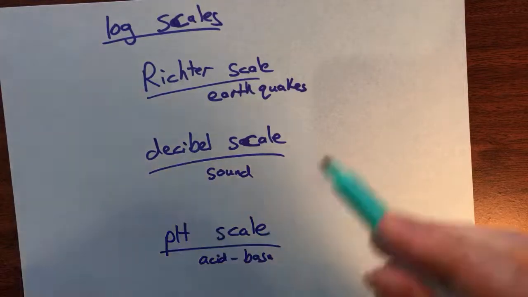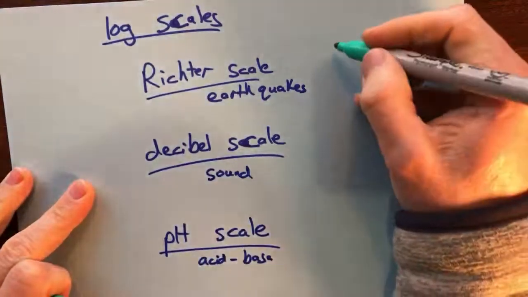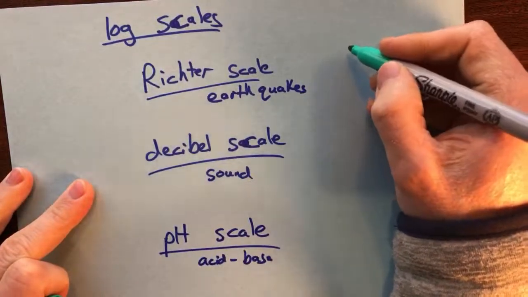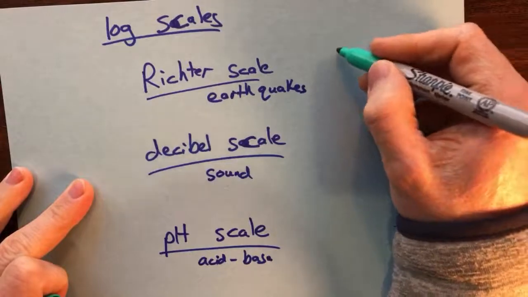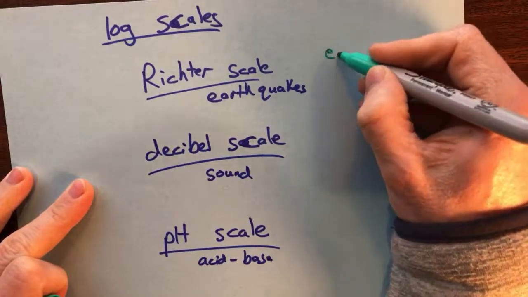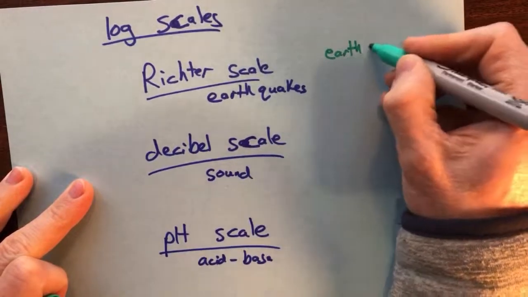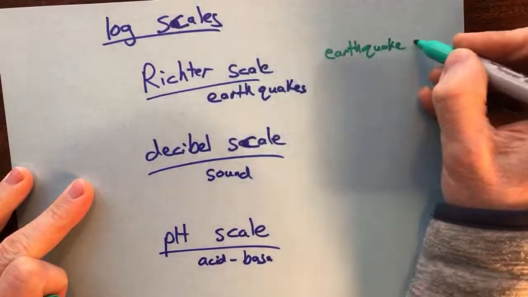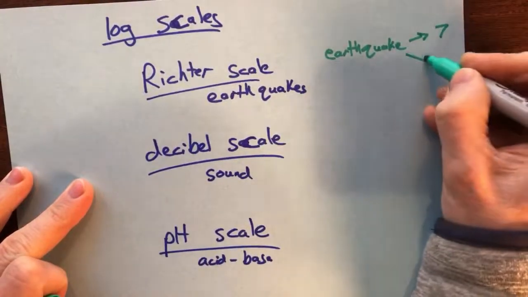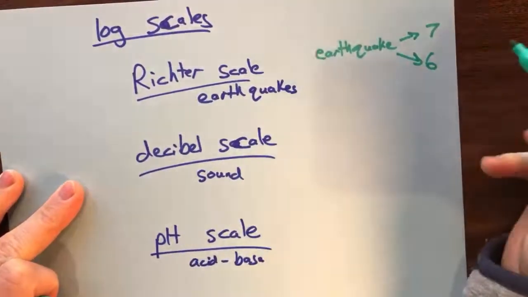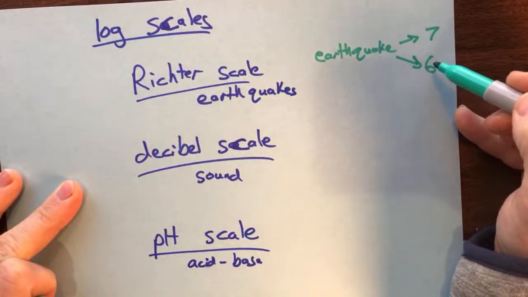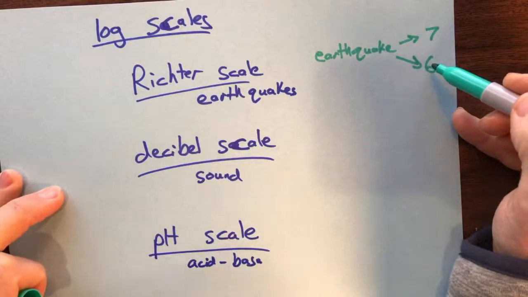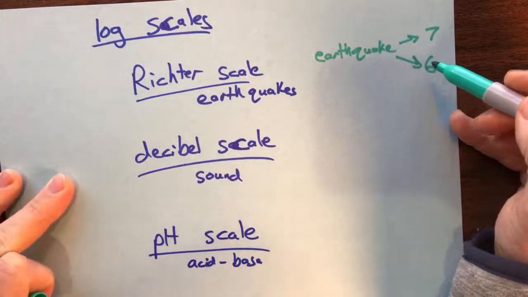On a Richter scale, if you're talking about an earthquake, let's say one's a 7 and one is a 6. In your reading, you learned that the 7 is going to move the Earth 10 times as much as the 6.